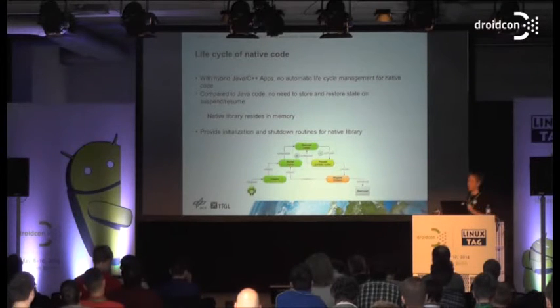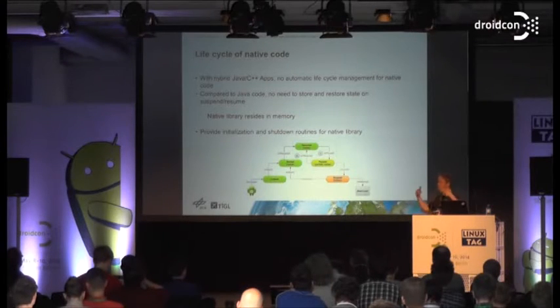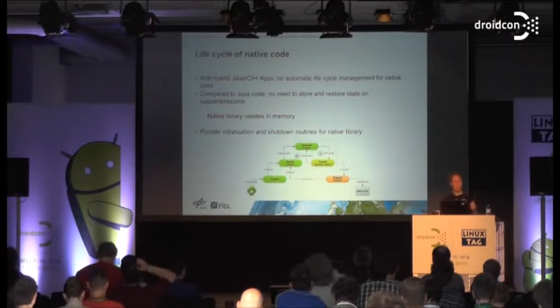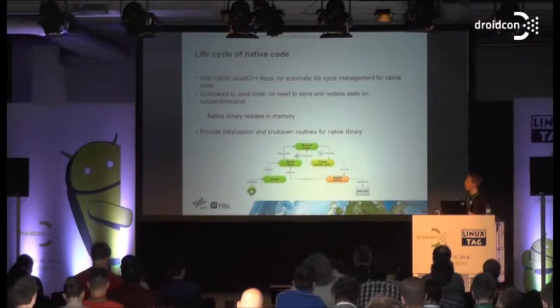These steps don't exist in the native code. There are just two steps actually, not loaded and loaded. So before your library gets loaded and after, and your native library resides in memory even if you close your app. So it remains in that state, and that's quite important. You have to be careful when dealing with that.